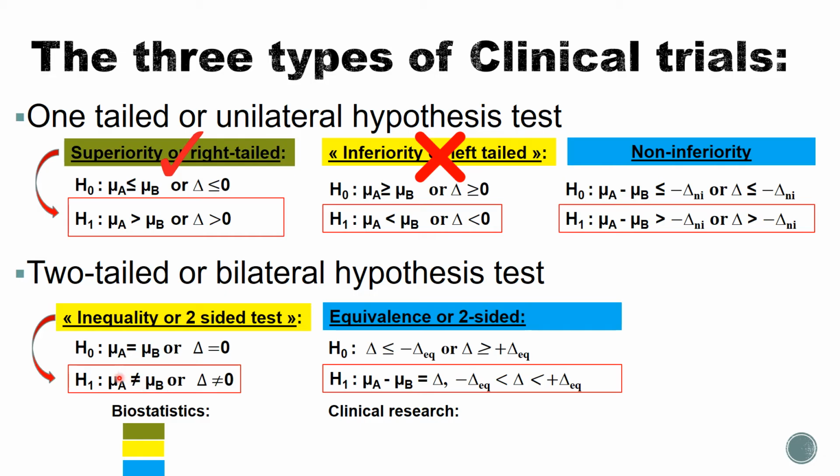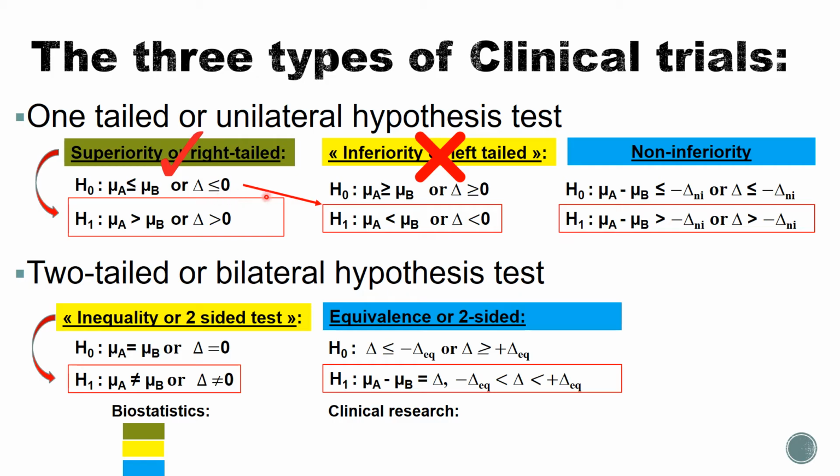You should be certain to some extent that the new treatment that you are making is either not worse than the existing treatment, we would come back here, or is greater than the existing treatment. But you wouldn't want to say the new treatment that you are making is not equal to. If you say it's not equal to, then it means it's either less than or greater than. So it's like we are confused. So we wouldn't want to carry out an inequality trial.